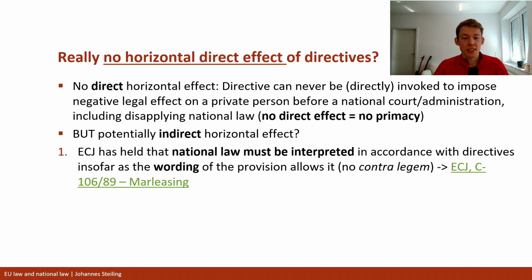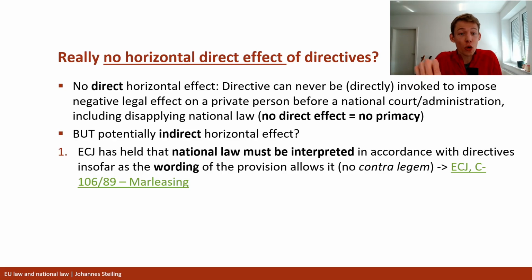So in my case, against another private party, I might not be able to rely on the directive, but my national law may be interpreted in such a way through the directive that I still win the case. Now, technically, this is not horizontal direct effect because I don't apply the directive. There's no primacy. I don't disapply national law, right?